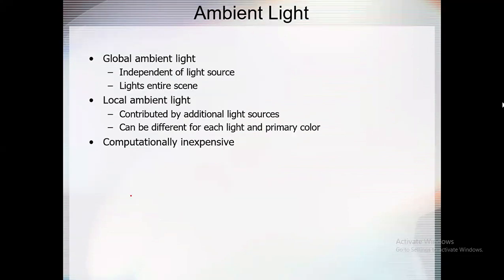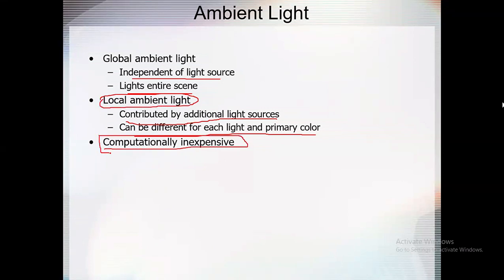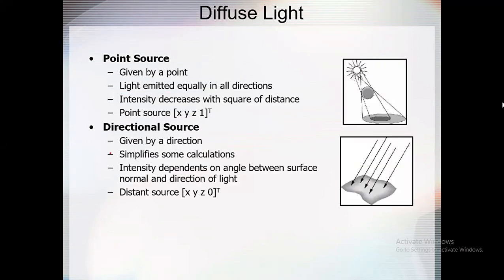Now take a look at how we do that. Global ambient light is independent of the light source, lights entering the scene. What does local ambient say? Contributed by an additional light source and can be different for each light or primary color. That means if I keep my tube light on during the day, then the effect of this local ambient light will fall. This is computationally very expensive. You can see we have to calculate so many things.